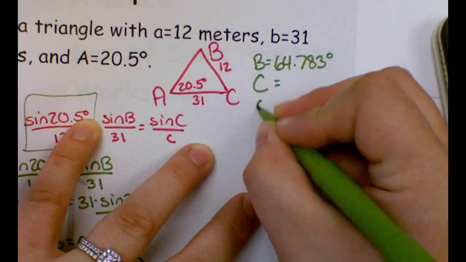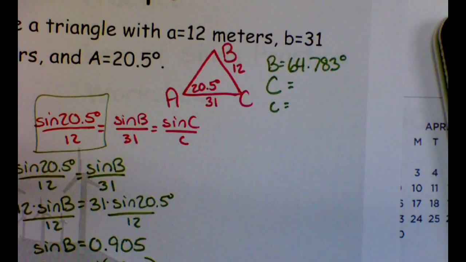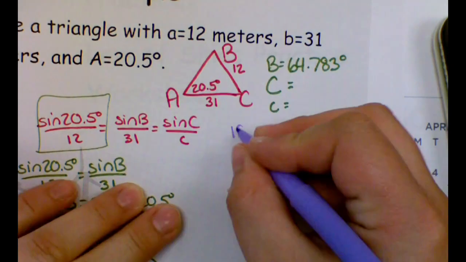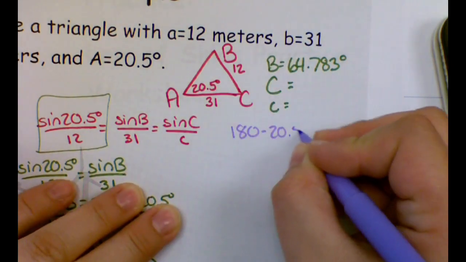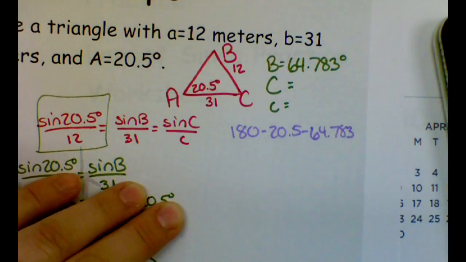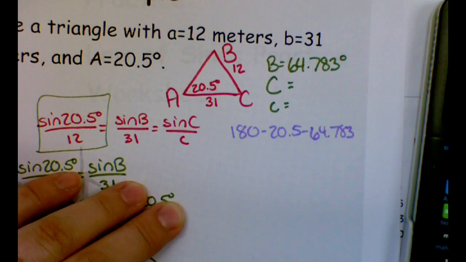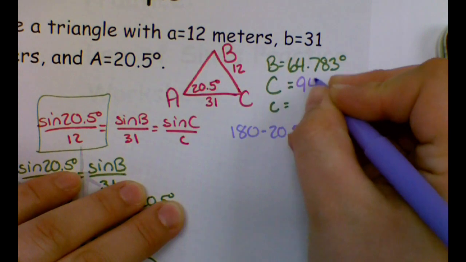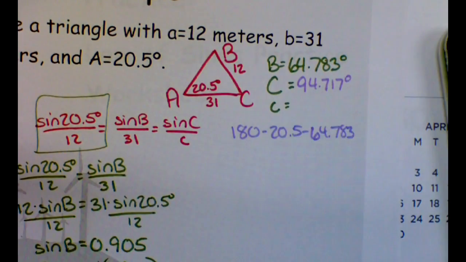I need angle C and I need side C. Now angle C is very easy because I know two of the angles. 180 minus 20.5 minus 64.783 will give me angle C. I get 94.717 degrees. And now I can use my proportion to find side C.